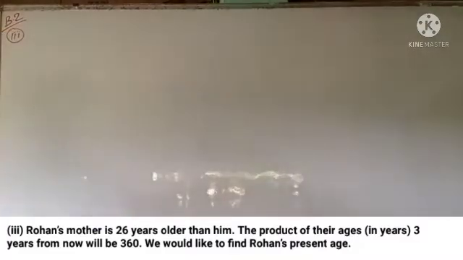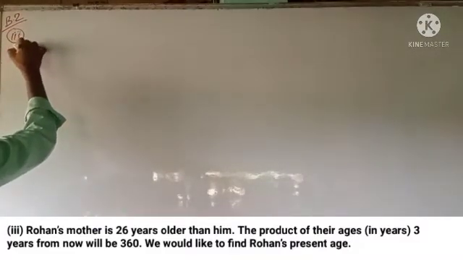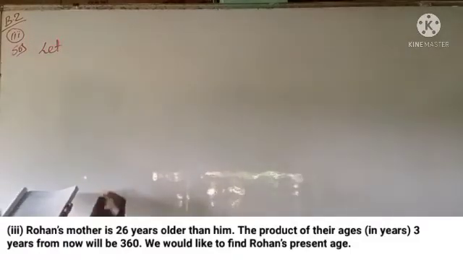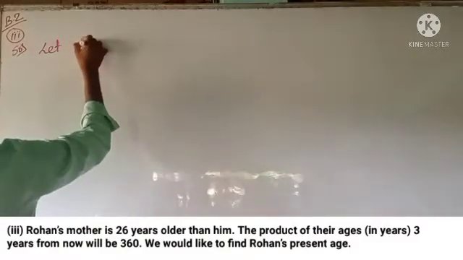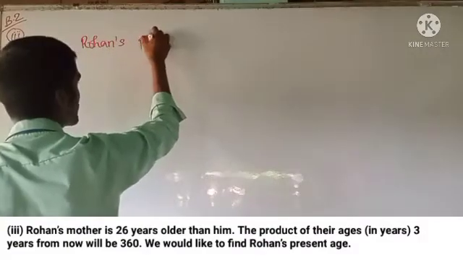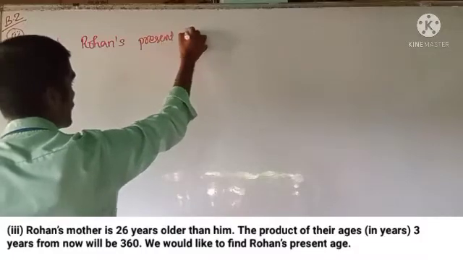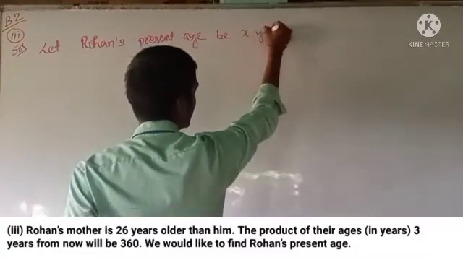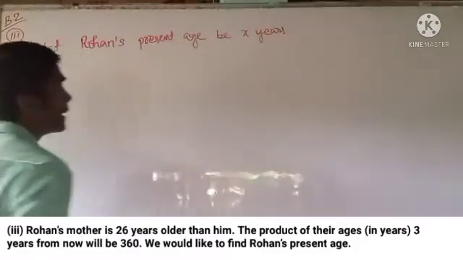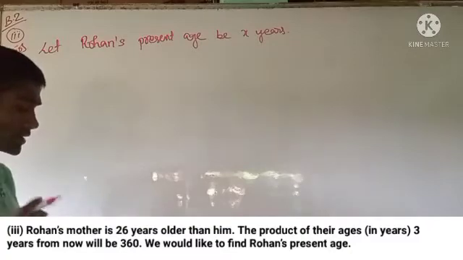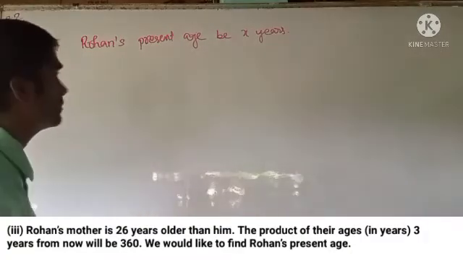What will be their ages? So here first we will take it as, let Rohan's present age be x years. Now for his mother, what did he say? Rohan's mother is 26 years older than him.